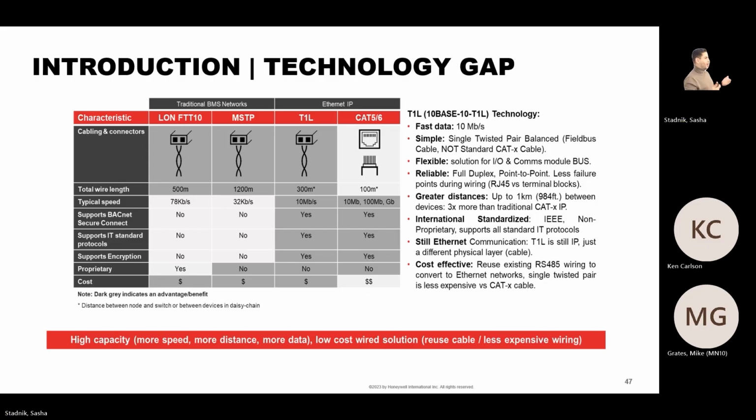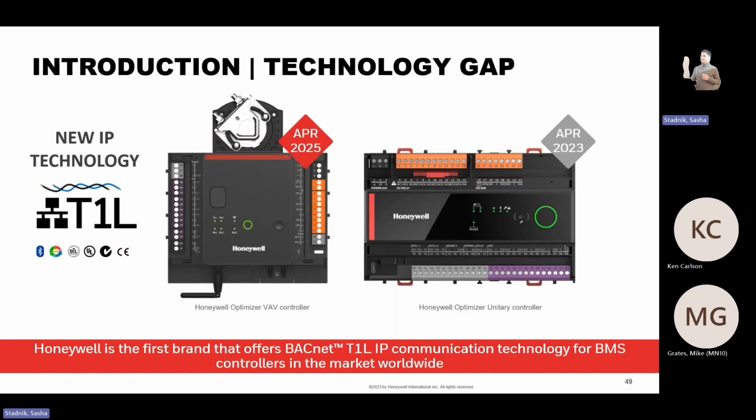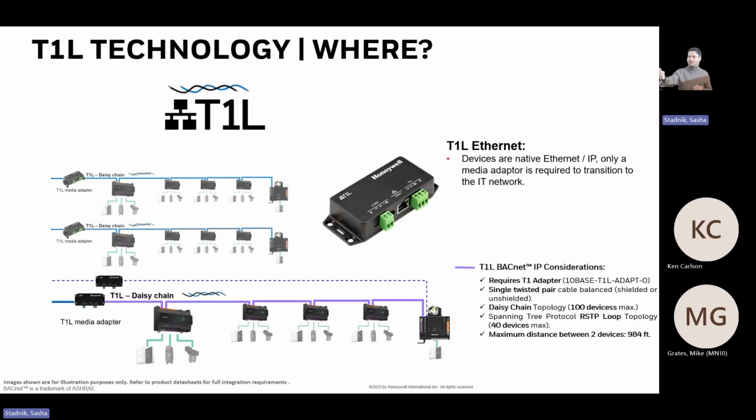Why? Because if I go to the next slide and I have my daisy chain, and say T1L allows me to go 1 kilometer, 3,000 feet, from here to here on a cable. Yes, you can. But immediately if you lose this controller and you still have another 3,000 here, what is the distance between these controllers when this one fails?